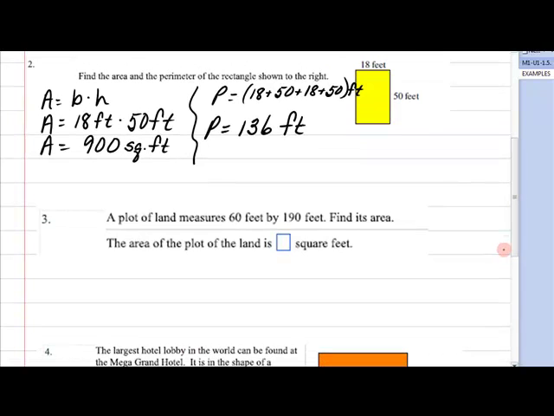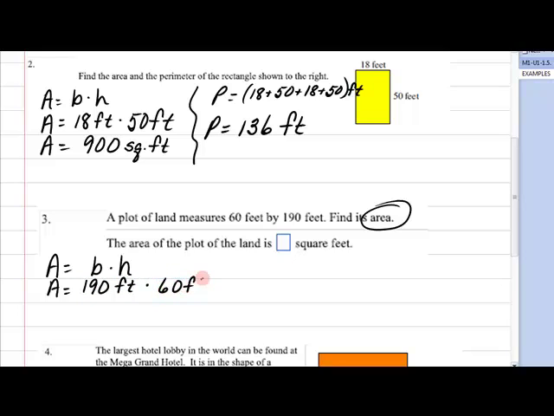Number 3, a plot of land measures 60 feet by 190 feet. Find its area. Okay, area is, for this rectangular plot of land, base times height. You don't know which one is the base and which is the height, and the nice thing is it doesn't matter. It is 190 feet by 60 feet.